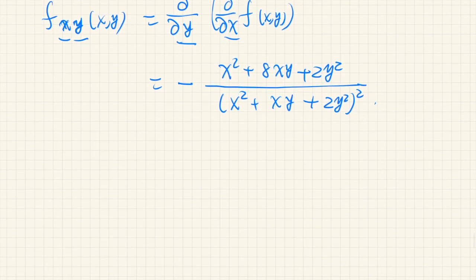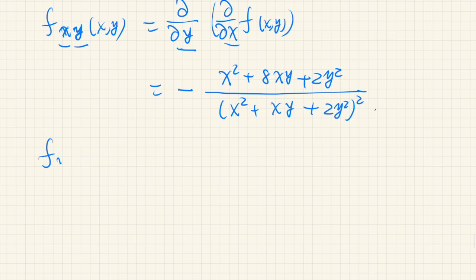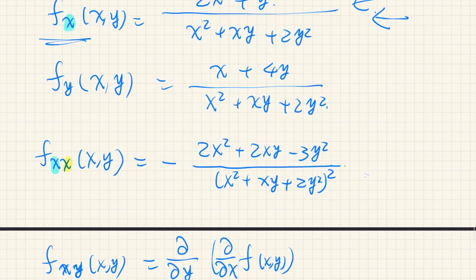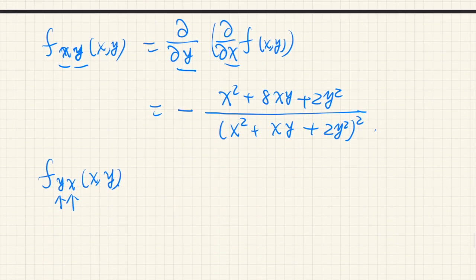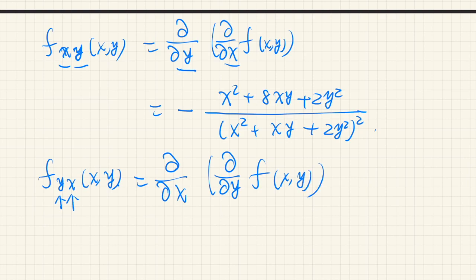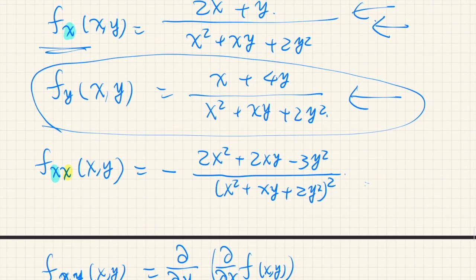Okay, and next we calculate fyx. Okay, so we first differentiate with respect to y and then differentiate with respect to x. So we are going to differentiate this function this time with respect to x. Then the answer is, so let's write it more explicitly, fxy, so this one is this one.